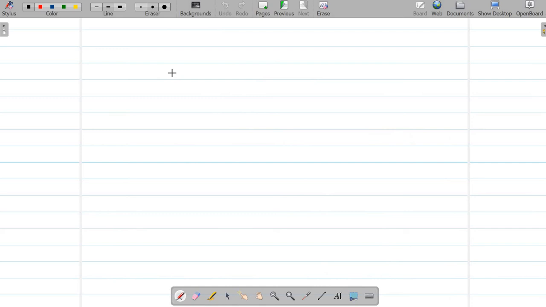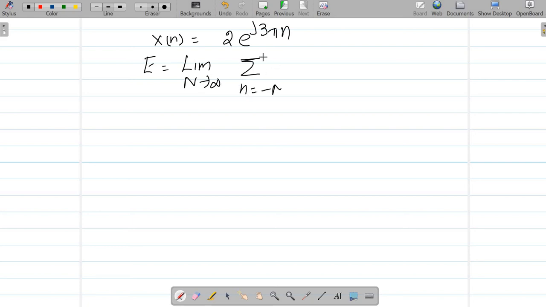Okay, let us take another case. x of n is equal to 2 times e to the power of j 2 by 3 pi n. Clearly, this one is not very difficult. So E is equal to limit N tending to infinity of the sum from minus N to plus N of the magnitude squared of 2 e to the power of j 2 by 3 pi n, so this will become the sum from minus N to plus N of 4.